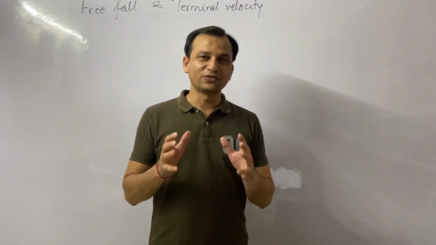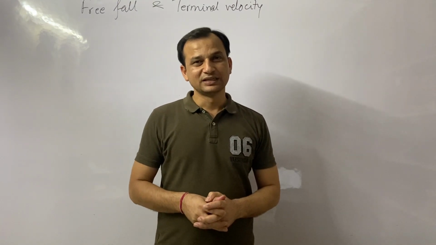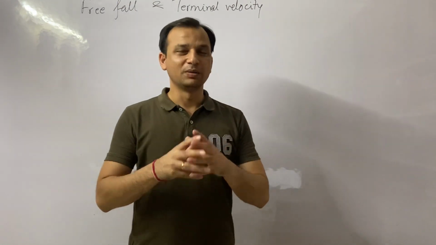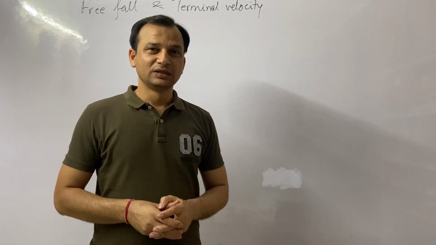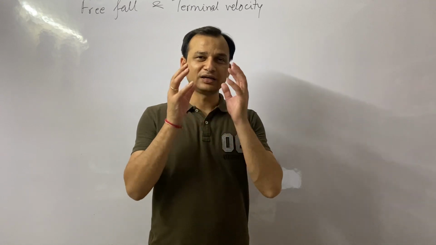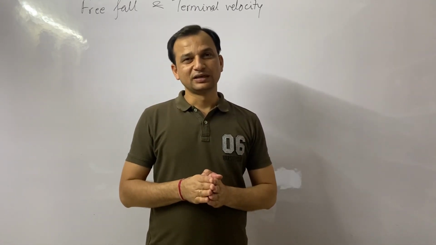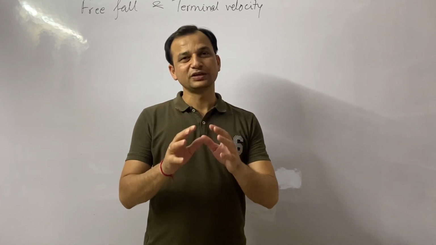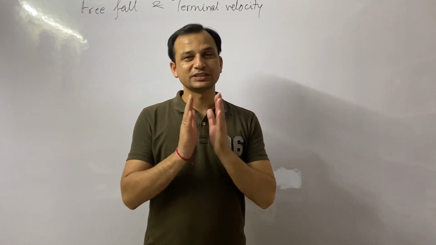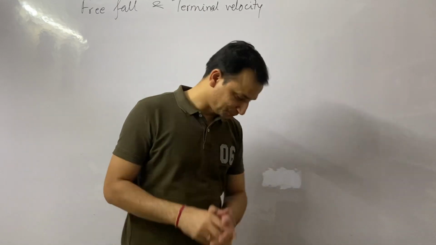So the only force which is acting on the object is the gravitational pull. So when an object falls under the force of gravity, and I should say under the only force which is gravity, then it's called free fall.